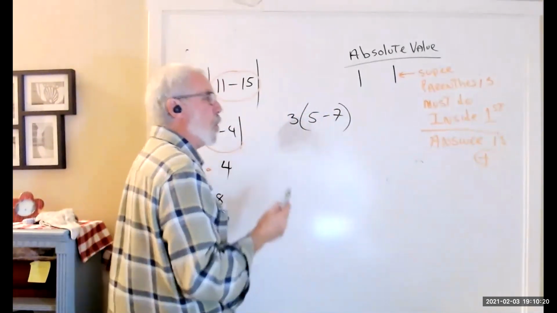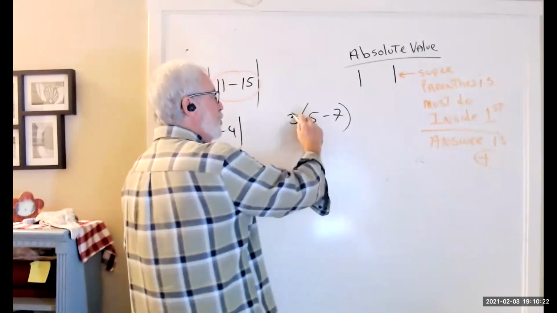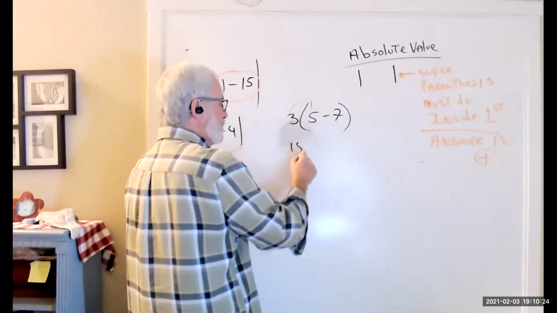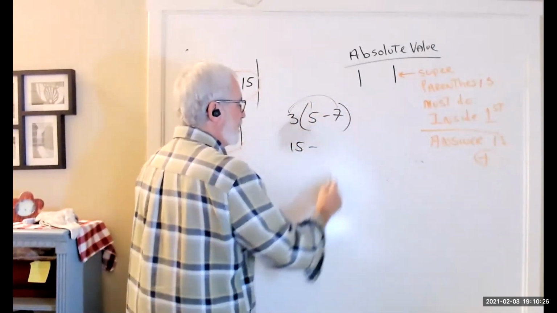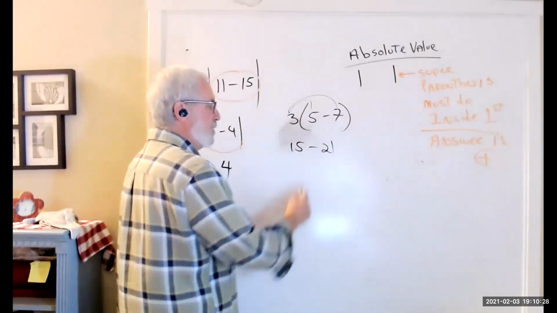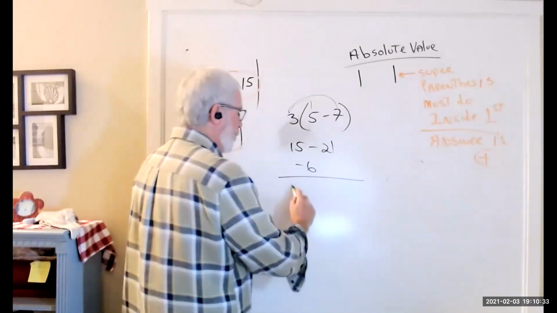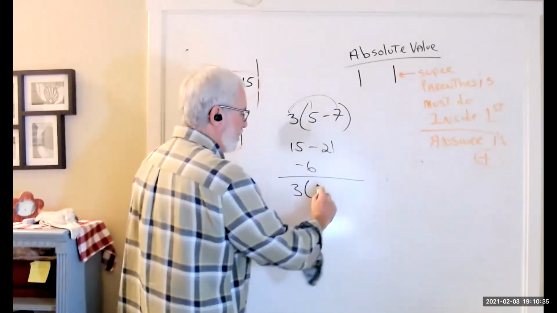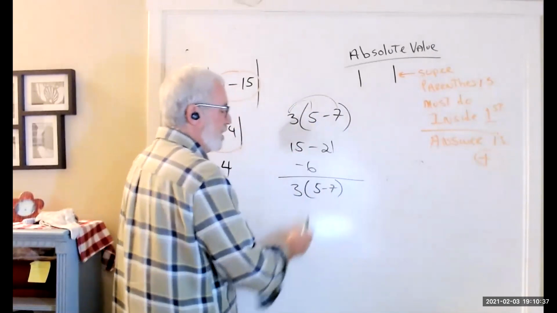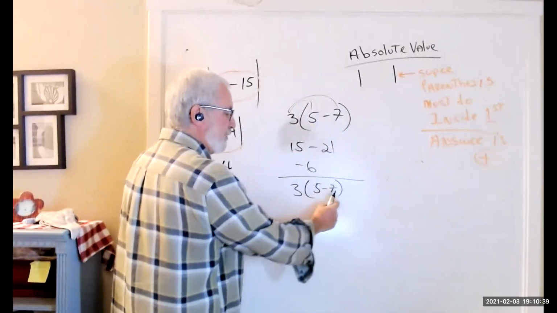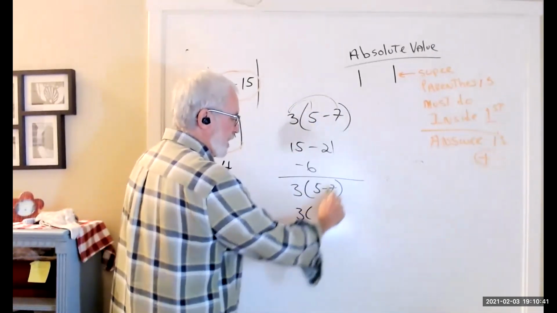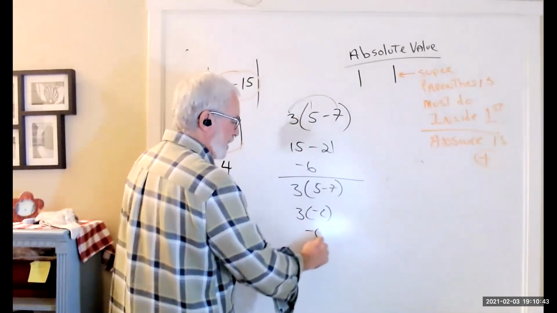If you wanted to, you could distribute: 5 times 3 is 15, minus 3 times 7 is 21, and you get -6. Now, you shouldn't, because according to PEMDAS, you're supposed to do inside first. So this is 3 times -2, and you get -6.